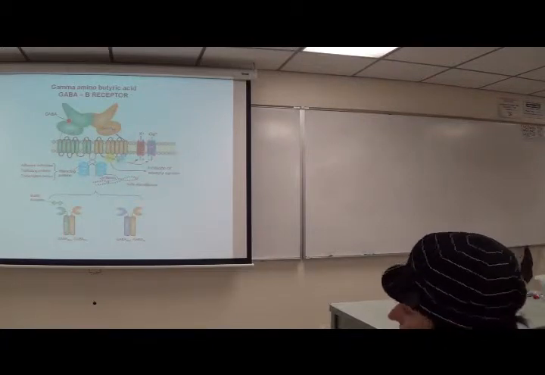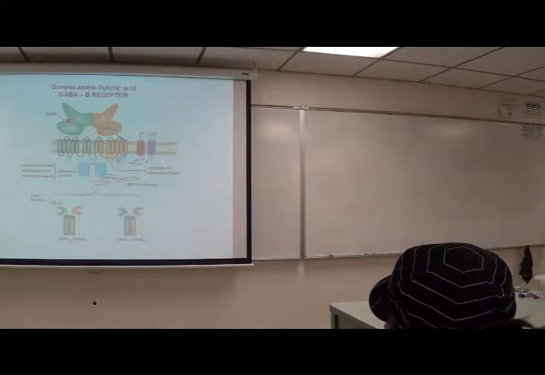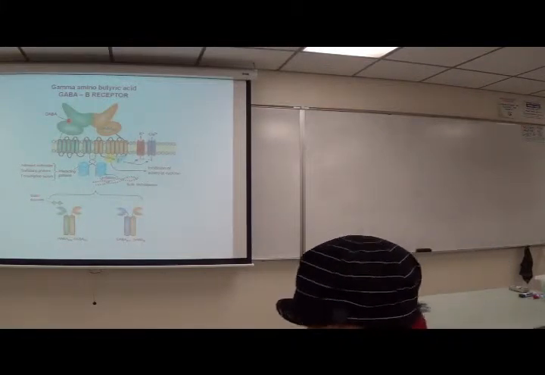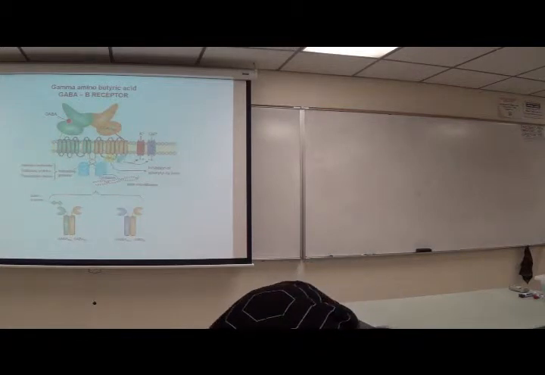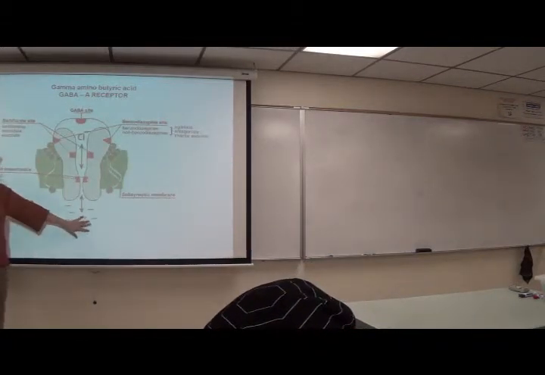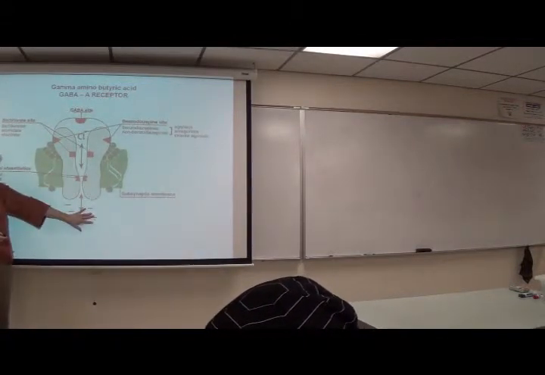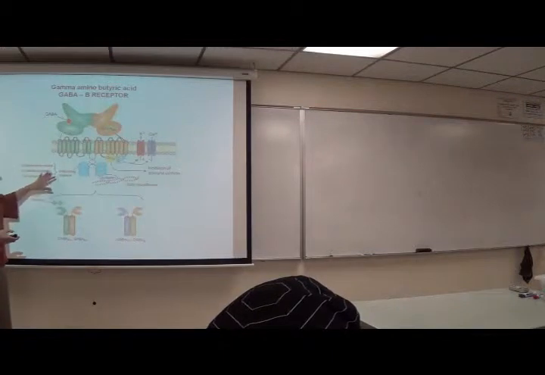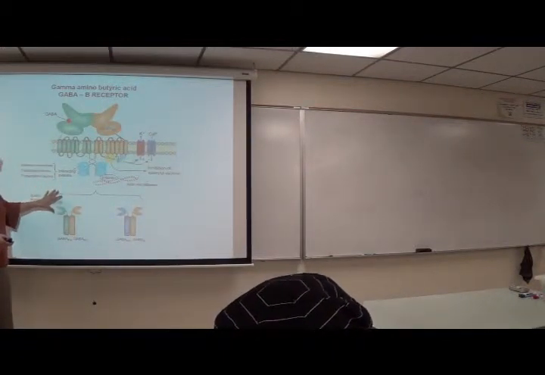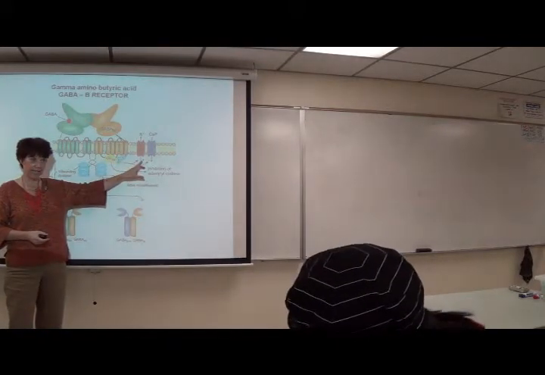So notice here we're losing more potassium and we're not gaining calcium, so it has the opposite effect. In this case, the ionotropic component was inhibitory because we added chloride ions. In the metabotropic, it's still inhibitory, not because we're adding chloride, but because we're losing potassium.